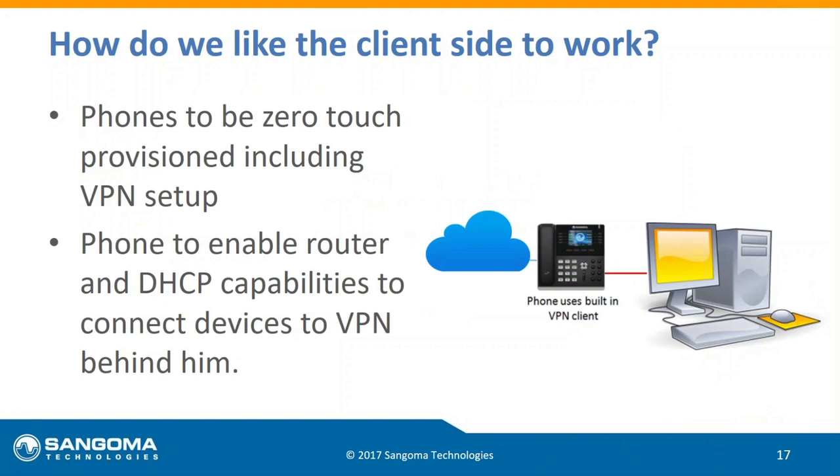The goal is to be able to ship a phone to an employee's home address, and he just unpacks the phone, plugs it into his LAN, and voila, it should work: auto provision and set up the VPN. We're going to show how it works. That also includes enabling the DHCP capabilities inside the phone and the routing capabilities.